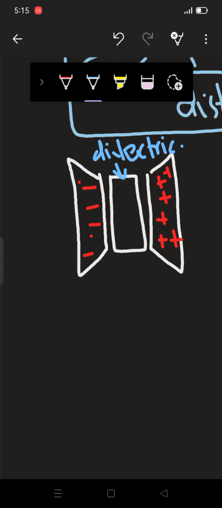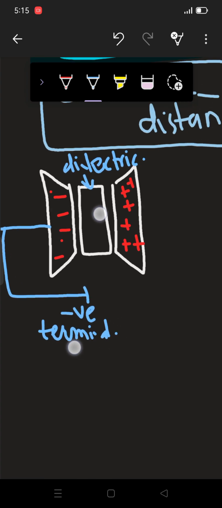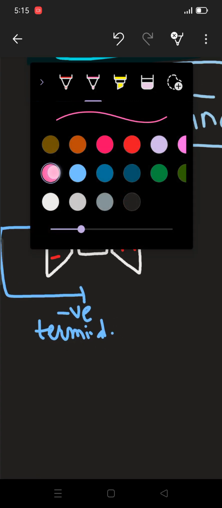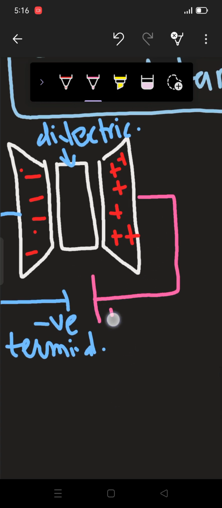Now see, the negative plate of the capacitor would store the negative charge and would be connected with the negative terminal of the battery. This is the negative terminal of the battery. And the positive plate would store the positive charges and would be connected with the positive terminal of the battery, right? This is the positive terminal.